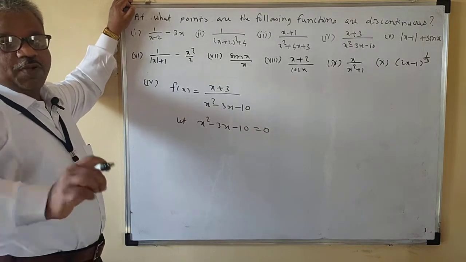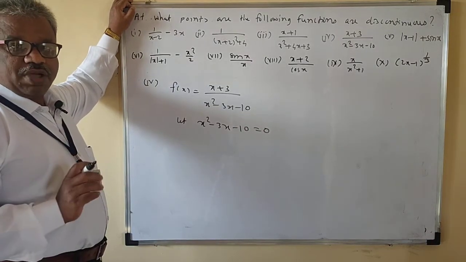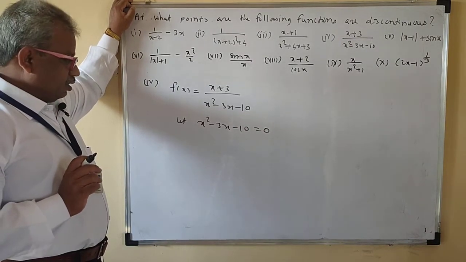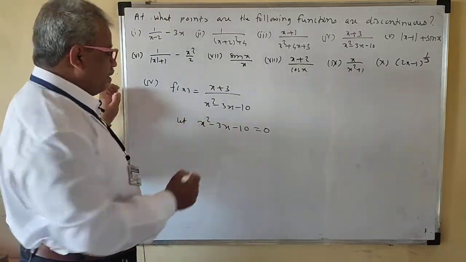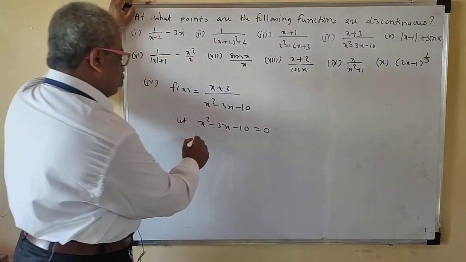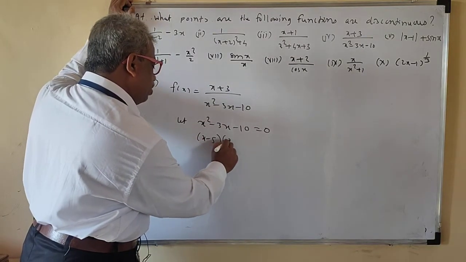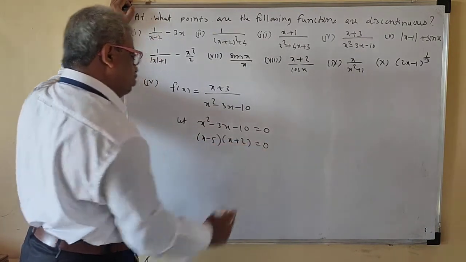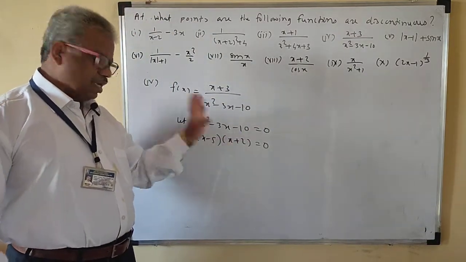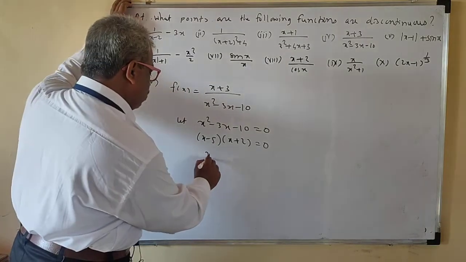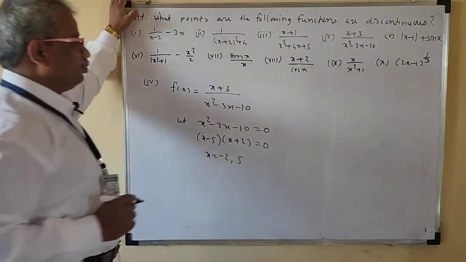You have to find the zeroes of the denominator, that means equate the denominator to 0. The product is minus 10, the numbers are minus 5 and 2. So this is (x minus 5)(x plus 2) is equal to 0. Let's verify: the product is minus 10, yes; the sum is minus 3, yes, it is correct. So x is equal to minus 2, 5.